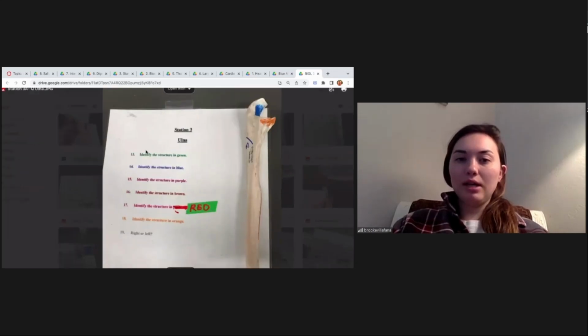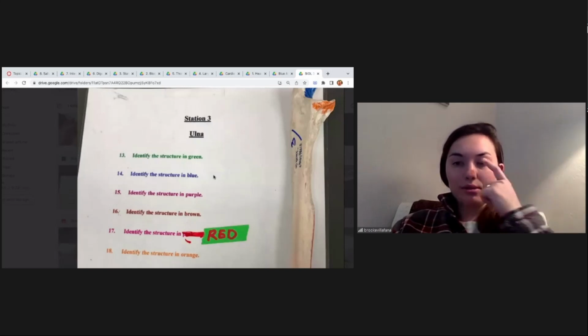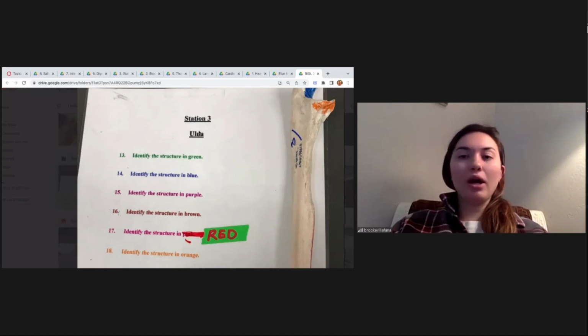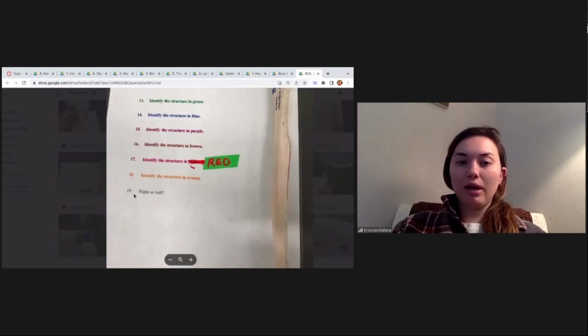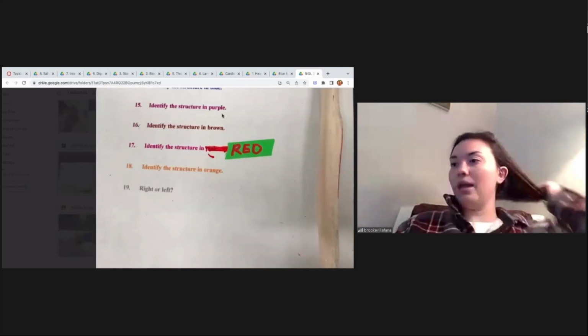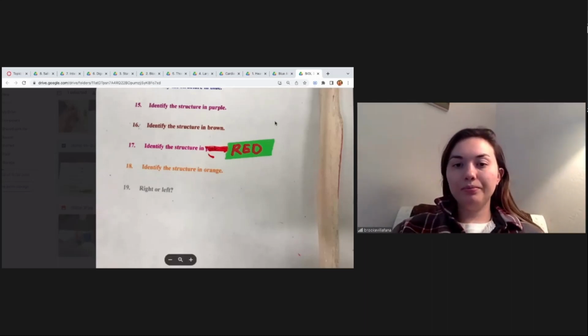It'll say identify the structure in green, and then it will give you 5 options, including none of these choices. Do you see how it already says the bone at the top? So we're not going to be asking you on the test, is this an ulna or a radius? The questions will be, is this a left or a right? Which you can see should be right here, right or left. And then they'll give you 5 options, A, B, C, D, and then E as none of these choices.